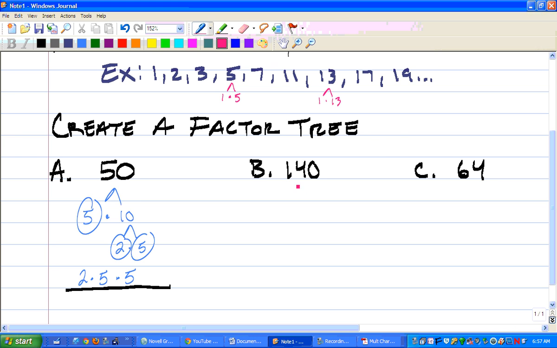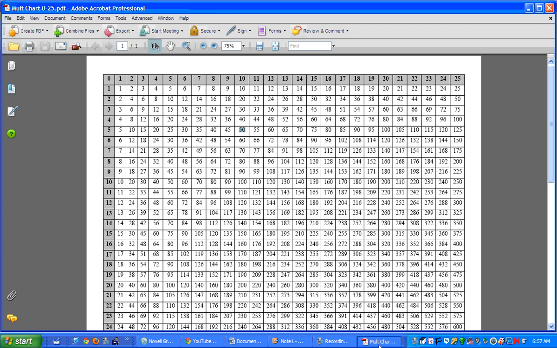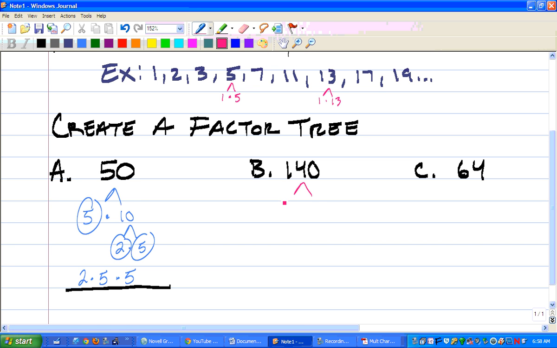Let's try another number, 140. I'm pretty sure that 7 goes into 140. So I'm going to look across the multiplication chart, and I found it. It's 7 times 20.